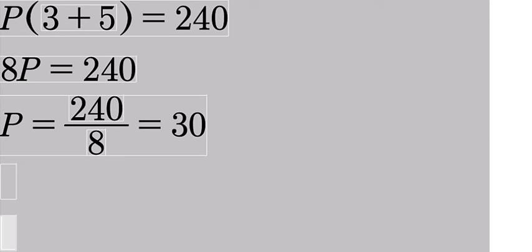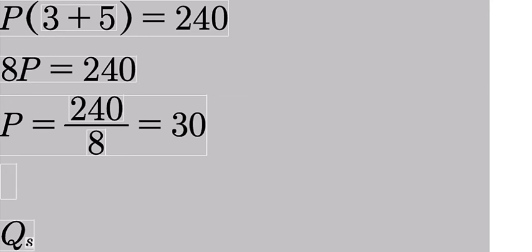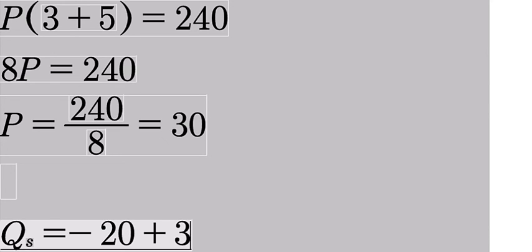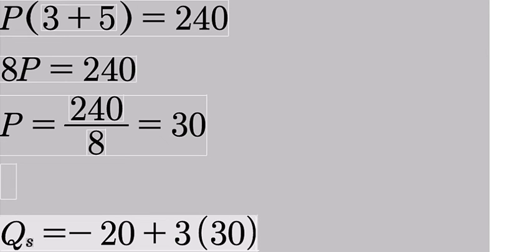In this case, let us put it in the QS equation. So we have minus 20 plus 3P, but in place of P we shall have 30, because P is our equilibrium price.